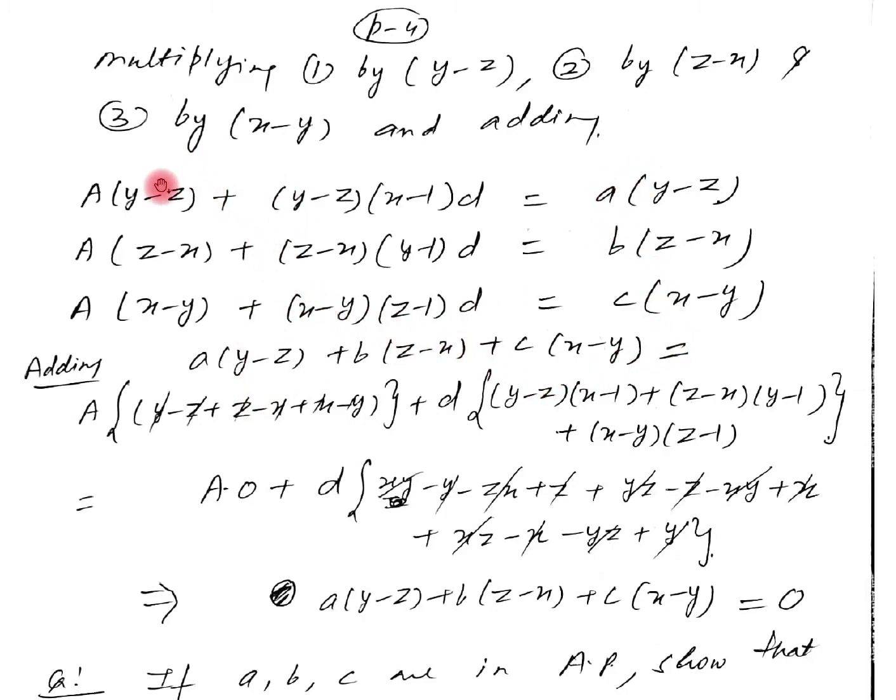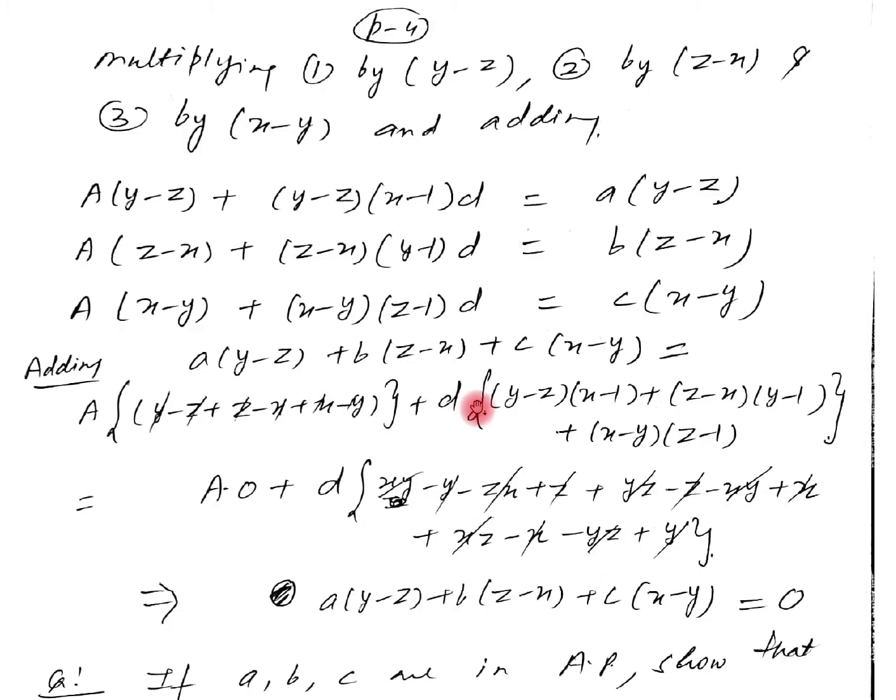Now when I am adding these vertically, on the right hand side I have written a into y minus z plus b into z minus x plus c into x minus y. First I have written the right hand side because this I have to prove. Then on the left hand side, when I add all these terms, a is common: y minus z plus z minus x plus x minus y. Then again in this expression d is common.